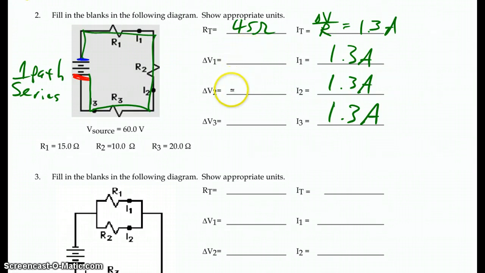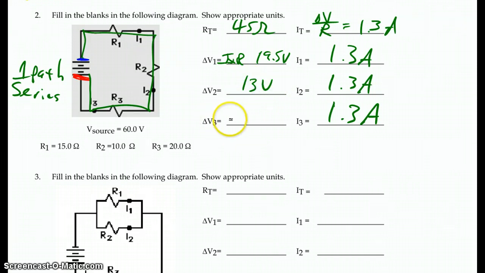Now when I do delta V1, delta V2, and delta V3, when I calculate those and add them together, I need to come back to 60. Again, delta V is just going to be I times R. So it's going to be 1.3 times 15, 19 and a half, and that's volts. And then 10 times 1.3 is 13 volts.